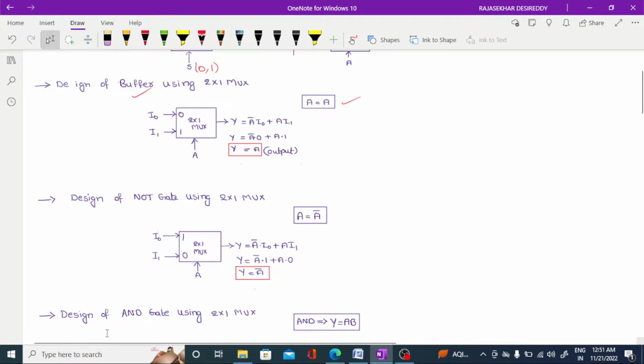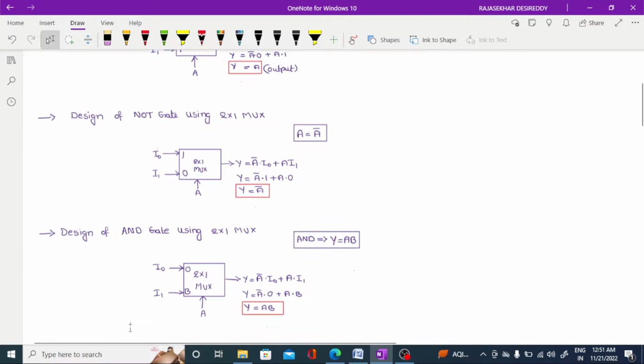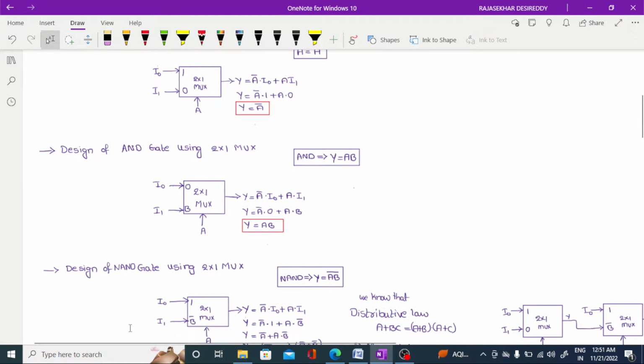Next we are going to see the AND gate. How this 2 by 1 mux can act like an AND gate. I told you already, based on the I0 and I1 values, different values we are giving, and according to that we get the required output.